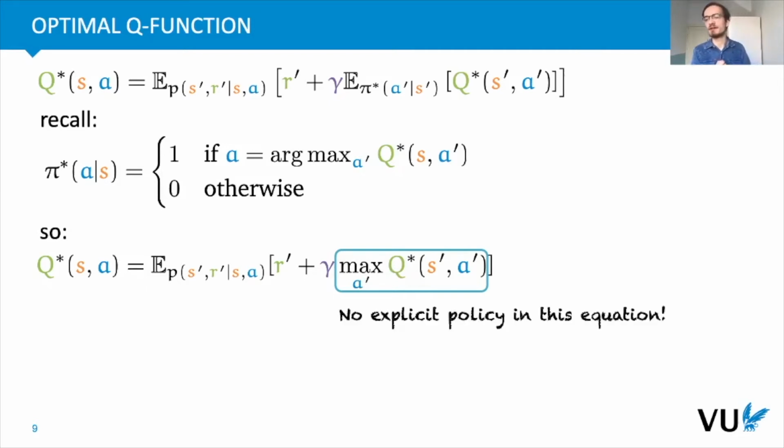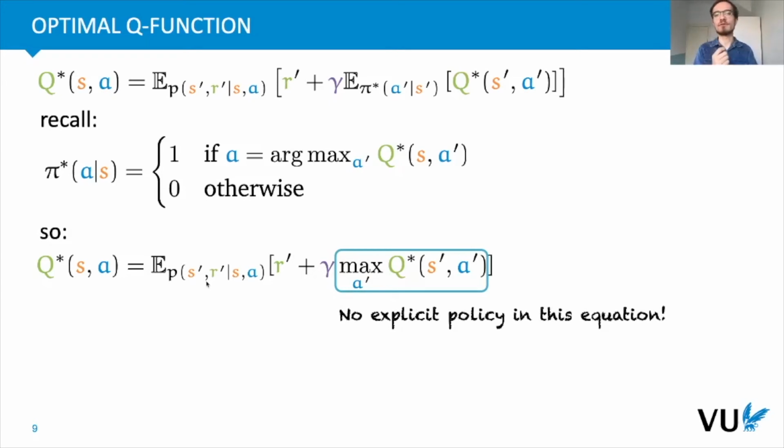And why is this so interesting? It turns out that in this equation, if you look closely, there is not a single mention of pi anywhere. So we don't actually ever need any kind of explicit policy to compute this recursion. This recursion always holds.